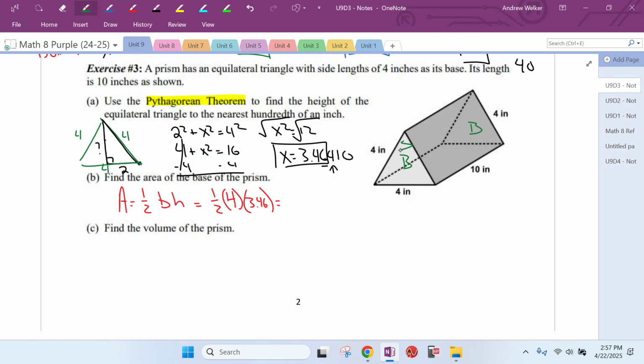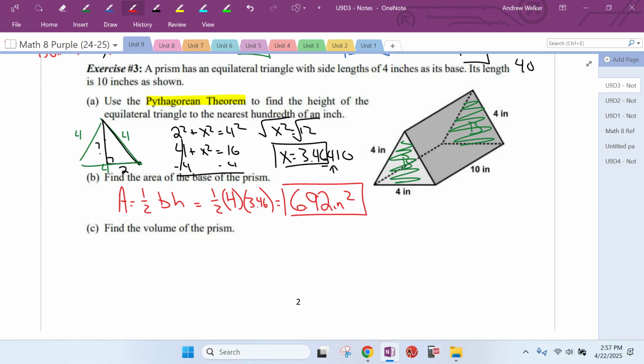So I want to find the area of this triangle, which is also the area of the other base. I'm going to type that into my calculator. Half of 4 is just 2, right? 2 times 3.46, and we get that our area is 6.92 inches squared. That's the area of the triangle.